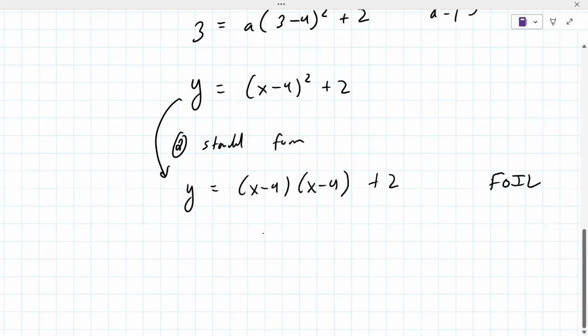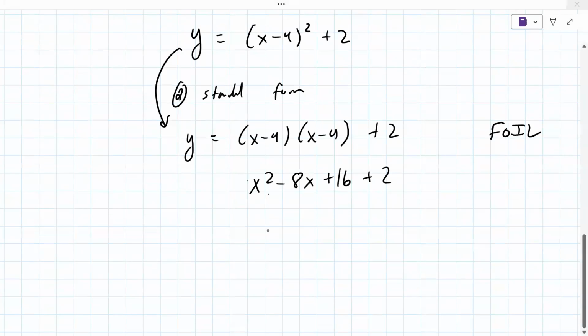So what does that reduce to? Remember, you can combine the outer and the inner. Is it just minus x plus 16? It should be the x squared minus the 8x plus the 16, but you have this plus 2 over here as well. So my x squared minus 8x plus 18. That's perfect.